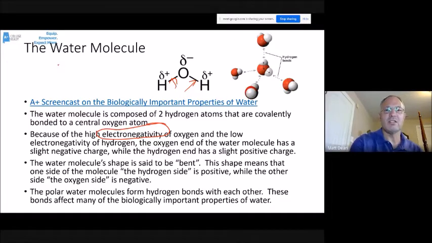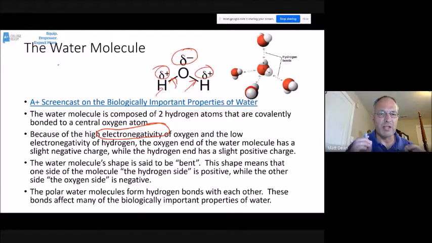And what that causes is more negatives to be concentrated near the oxygen and less negatives to be concentrated near the hydrogen. And that causes the oxygen to have a slightly negative charge and the hydrogens to each have a slightly positive charge. This is not like +1 or -1. It's just slightly positive, slightly negative.